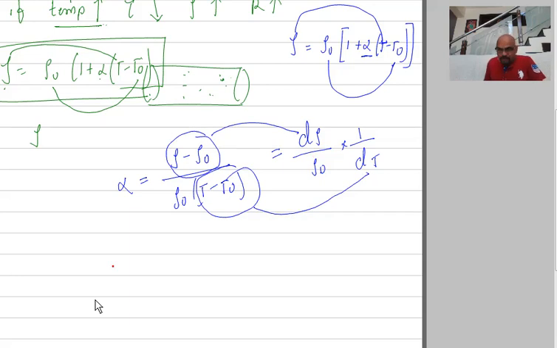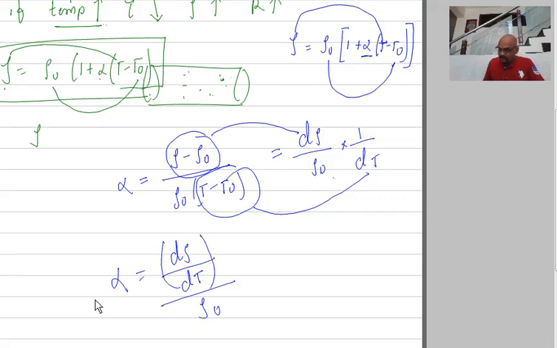So if you want to define alpha, alpha is equal to d rho, the change in the resistivity, divided by dt, whole thing divided by rho naught.